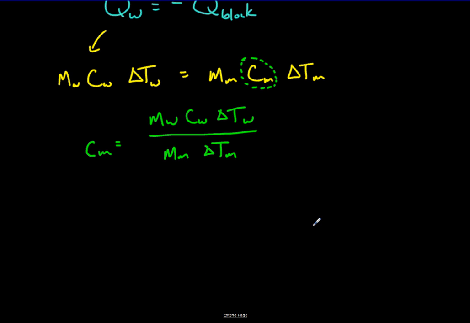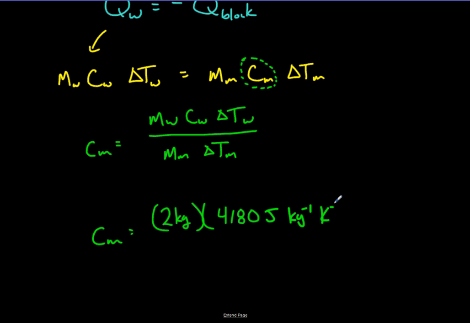Okay, so let's start to fill stuff in. The mass of water should be 2 kg. Heat capacity of water, 4180 joules per kilogram per degree. The temperature change of water: delta is final minus initial, right?